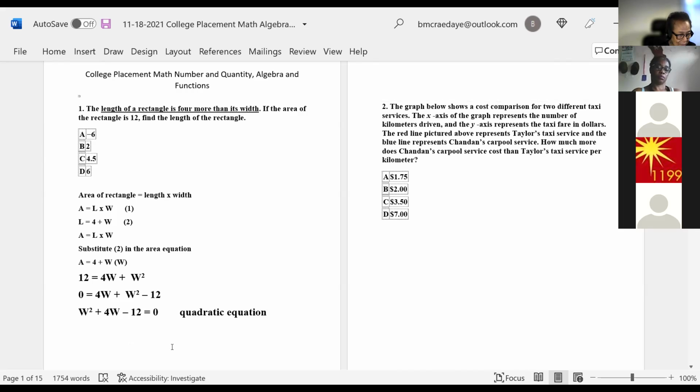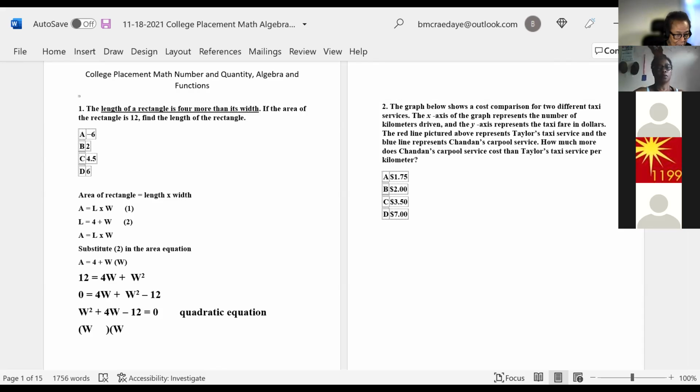Two numbers that multiply to give you the minus 12, and those same two numbers add to give you 4. Therefore, in the parentheses I'm going to put W and W again, plus 4.